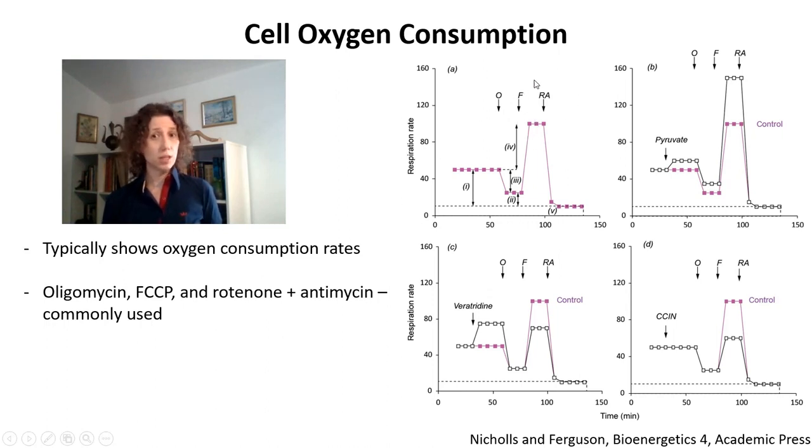Finally, by inhibiting electron transport in mitochondria with rotenone and antimycin, you're going to slow down oxygen consumption completely in mitochondria, and you're only going to have residual oxygen consumption, which is oxygen consumption from other cellular processes, which is not mitochondria. So this is an example just of those inhibitors. And these other three figures here are from the Nicholls and Ferguson book.